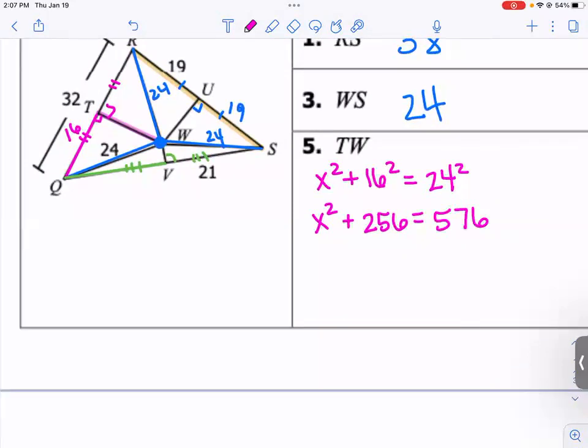So 16 squared. This button right here is the square button. 16 squared. Can you do 16 squared? Okay. So now what is 576 minus 256?